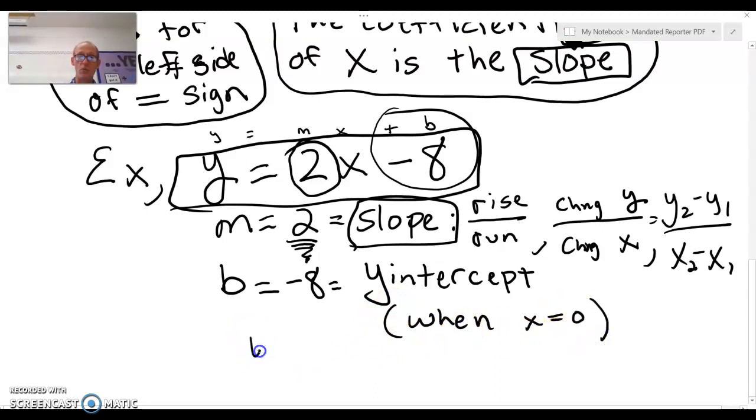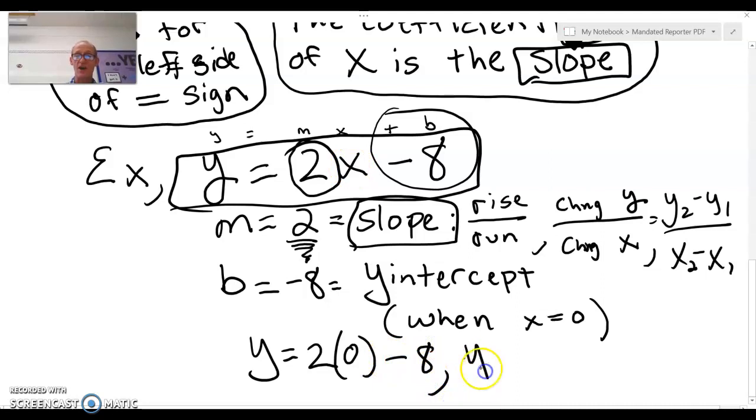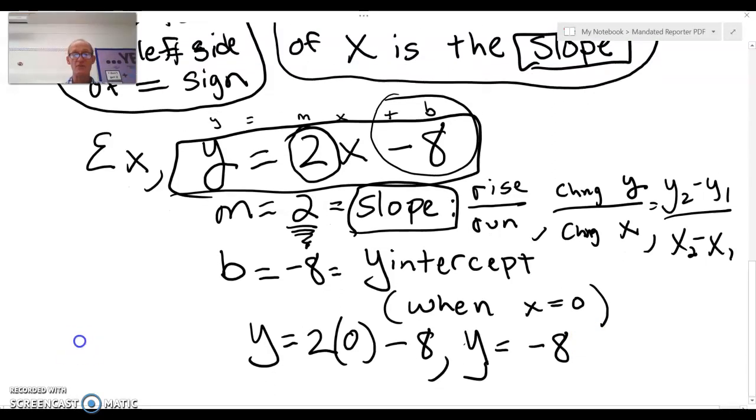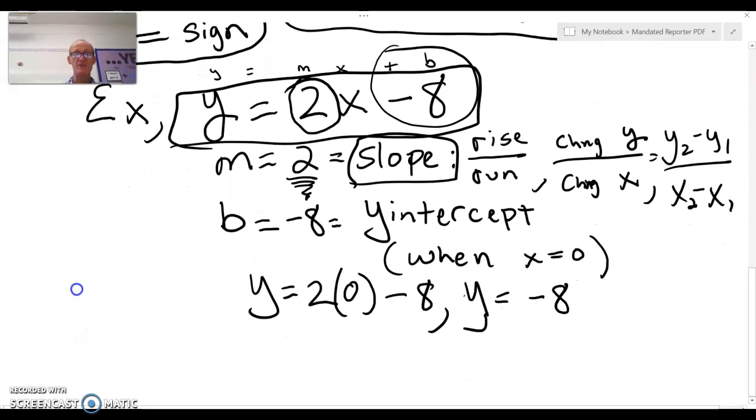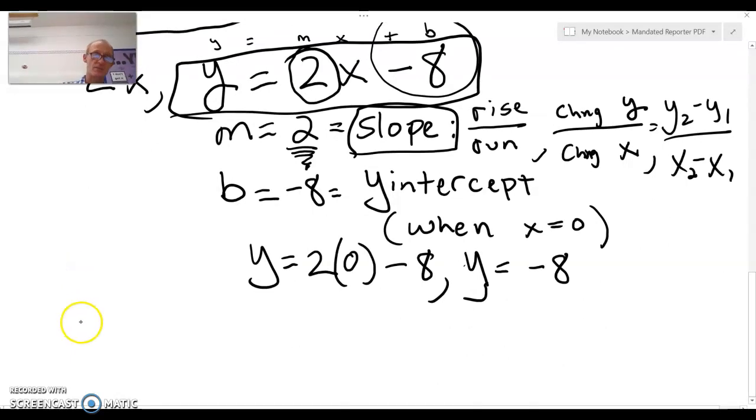So for example, y equals 2 times 0, because x is 0, minus 8. So y equals -8. So you need to be able to get y by itself first.